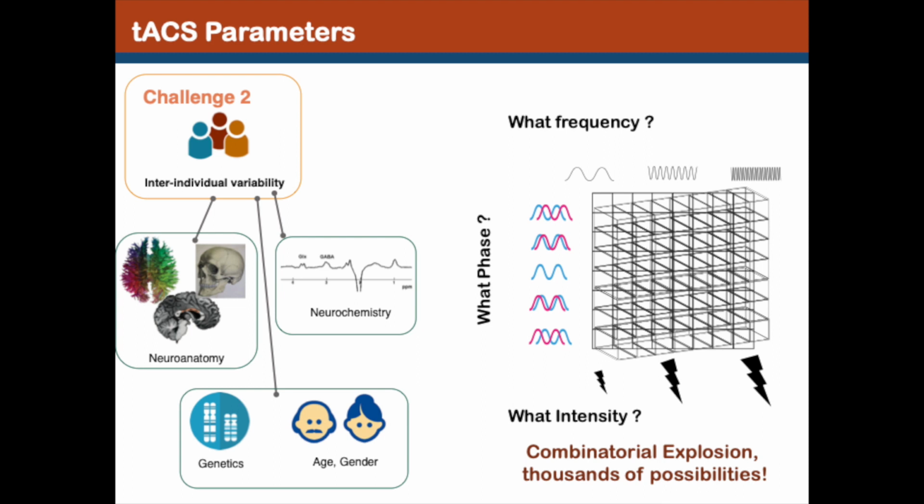And my final message with this is that even if we knew all of this about the participant that you want to do an intervention on, we don't know how these things interact. I have no idea. We don't have a model where you can input all of this information and predict what the stimulation is going to do to the brain. And the reason for that is that on top of all of this, there's the dynamics of your brain.